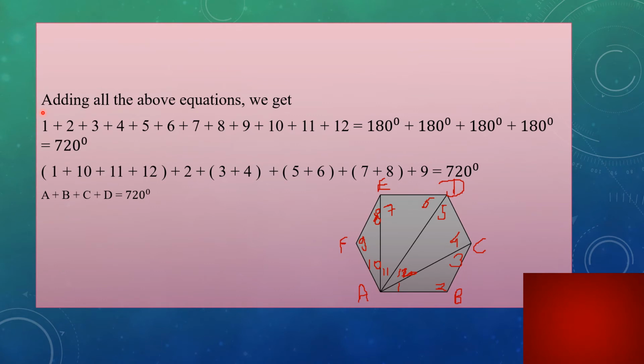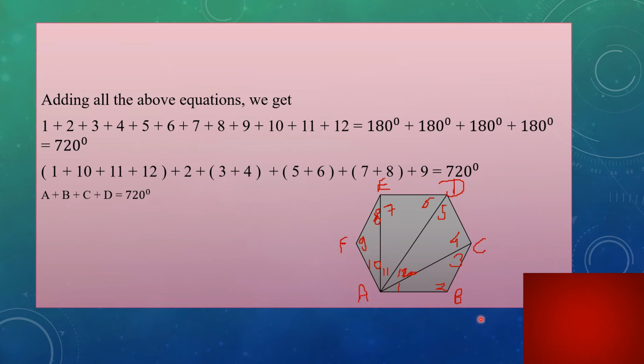After that, adding all the above equations, we get on the LHS the addition of all the angles, equal to on the RHS 180 plus 180 plus 180 plus 180, which is 720 degrees. Now the angle A is divided into 4 parts, that is angle 1 plus angle 12 plus angle 11 plus angle 10.